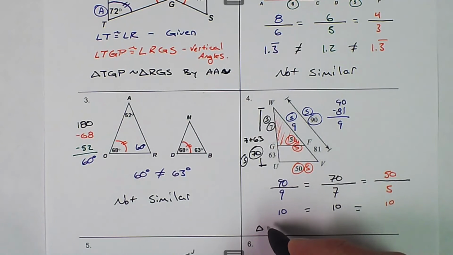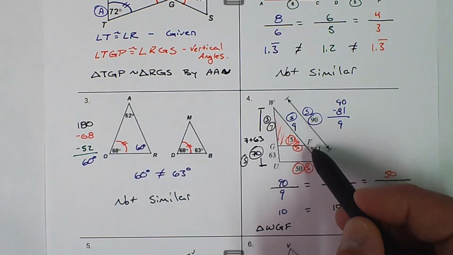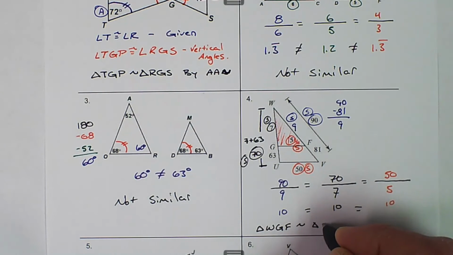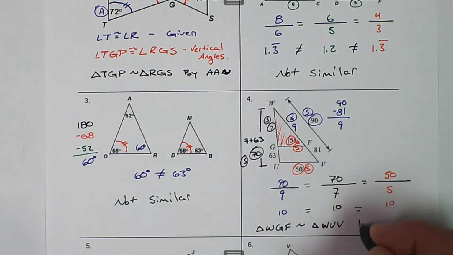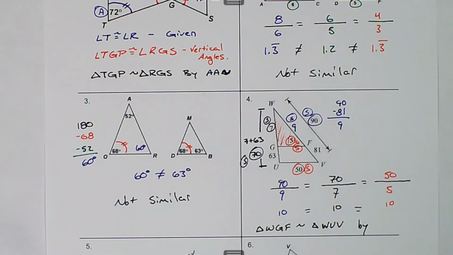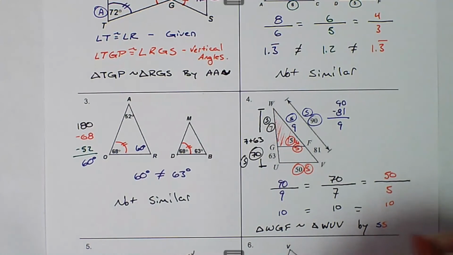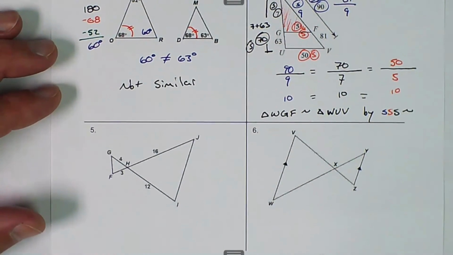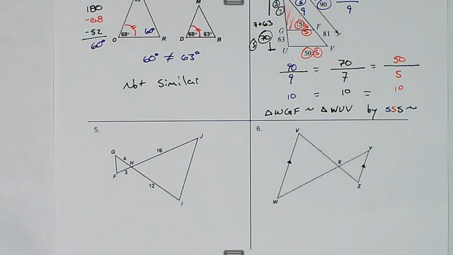So triangle WGF is similar to WUV, and that would be by side, side, side similarity. We have two left to check on.